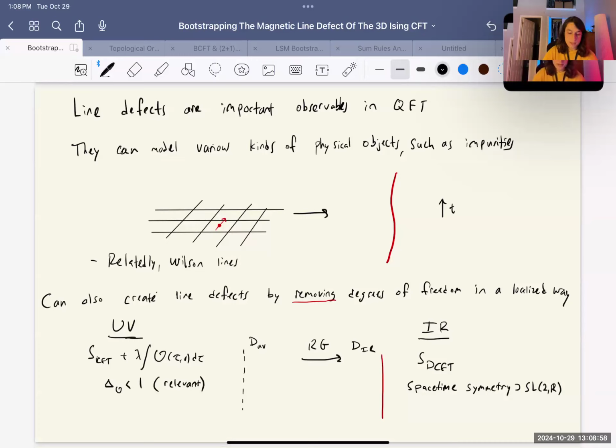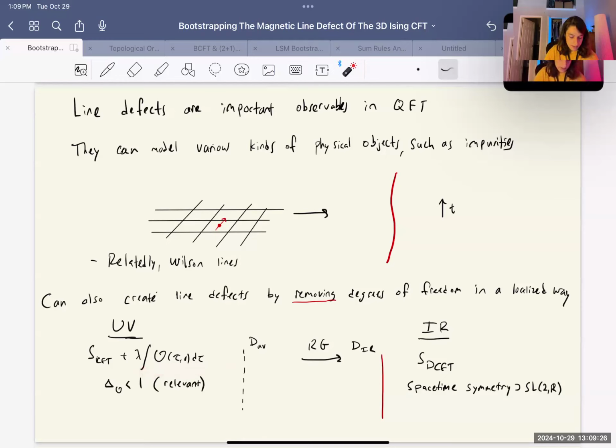This is the kind of setup that I'm going to want to try to understand in this talk, which is if I start from some fully clean system, well, I'm going to be taking the bulk here to be described by conformal field theory. The setup I'm going to have in the UV is just no defect. Well, really, I'm going to take a clean bulk and then add a relevant operator, but deep in the UV, it still looks like a trivial defect.